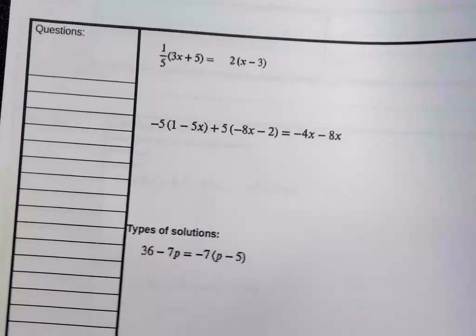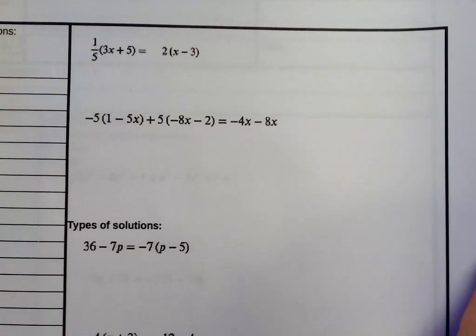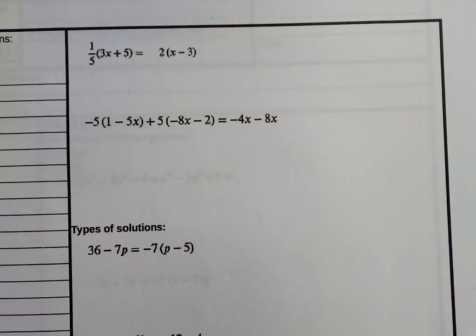The next one has fractions. We all love fractions. So the first object of the game is to get rid of our fractions. I have multiplied by 1/5. How can I get rid of that 1/5? What can I multiply 1/5 by to get 1?